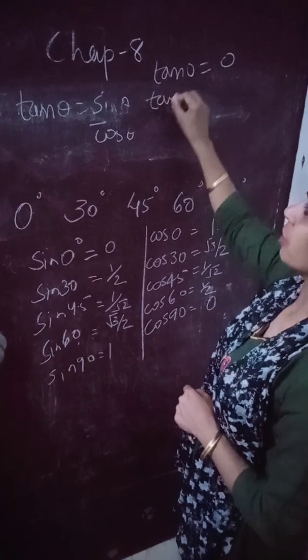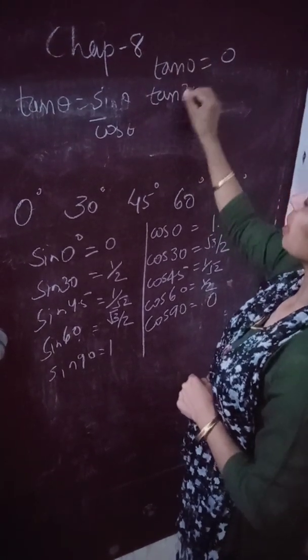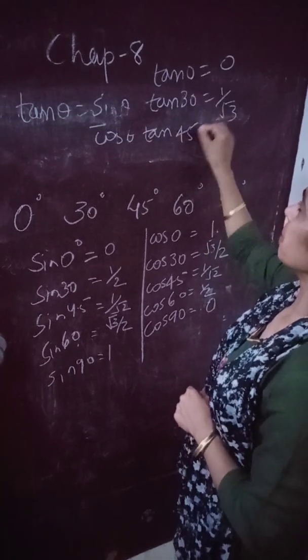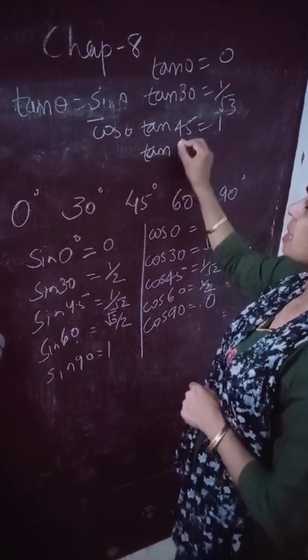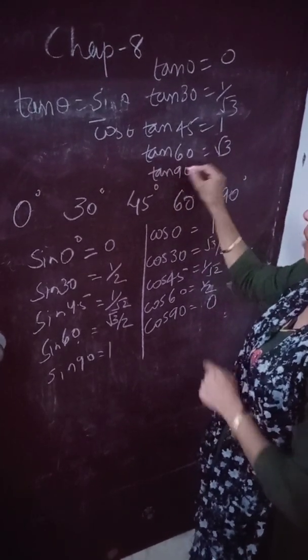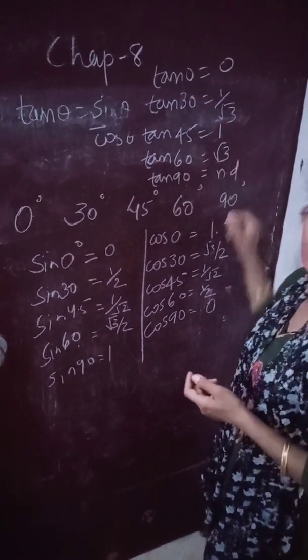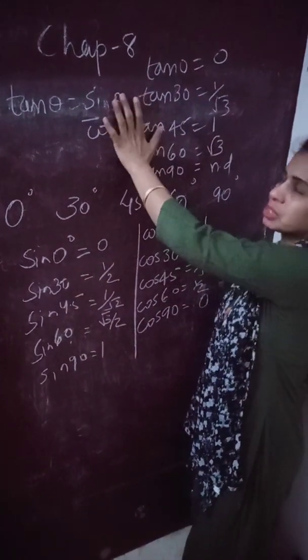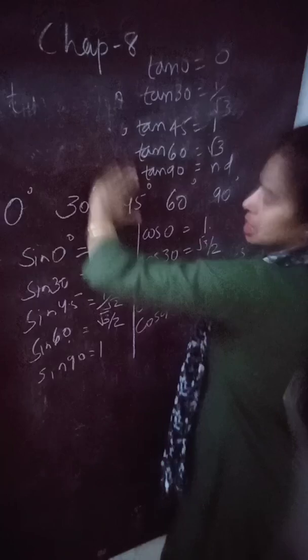And if I divide the further values, tan 30 will become 1 by root 3. Tan 45 will become 1. Tan 60 will become root 3. Tan 90 will be 1 by 0, so it will become not defined. So here we have values of sine, cos and tan. Is that clear to you?